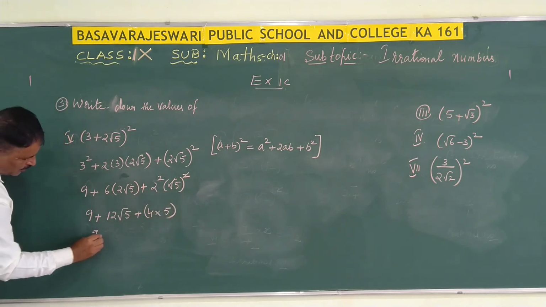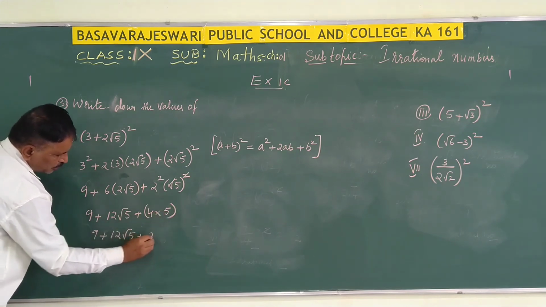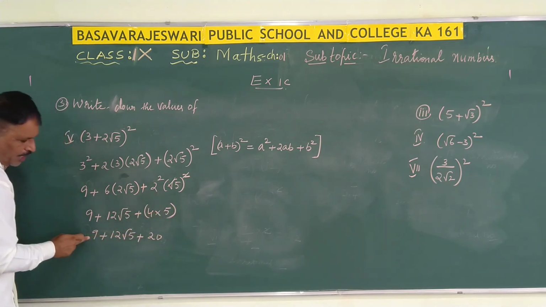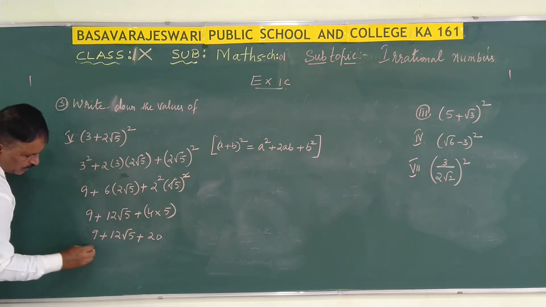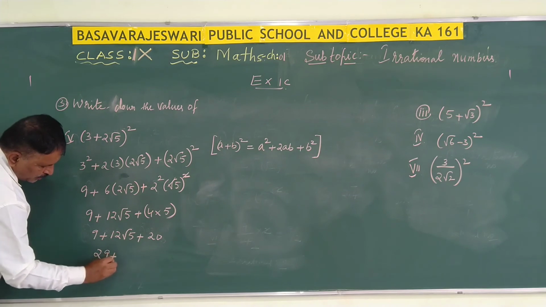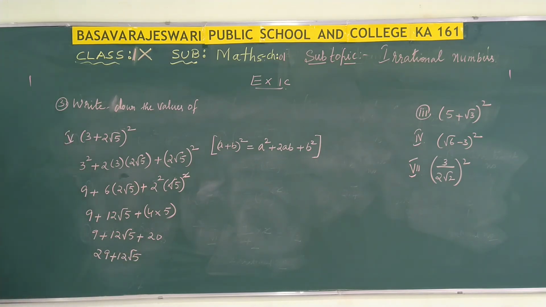So 9 plus 12 root 5 plus 4 times 5 is 20. 20 and 9 are both rational numbers, so you can add them. 20 plus 9 is 29 plus 12 root 5. That is the value of 3 plus 2 root 5 whole square. Yes, please copy down this.